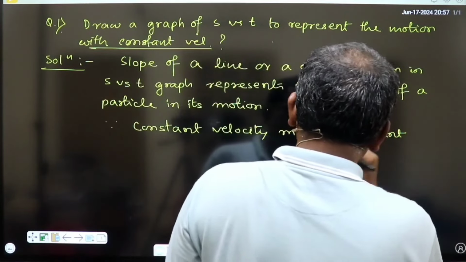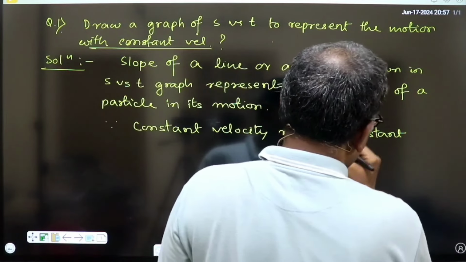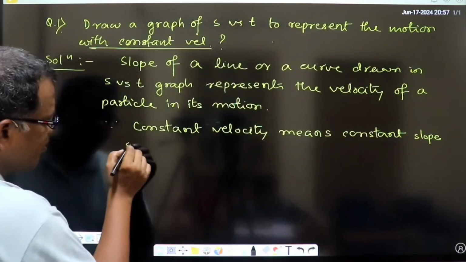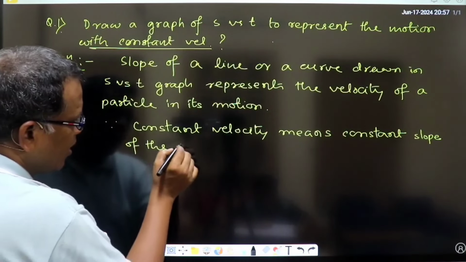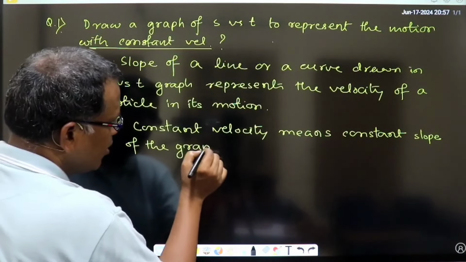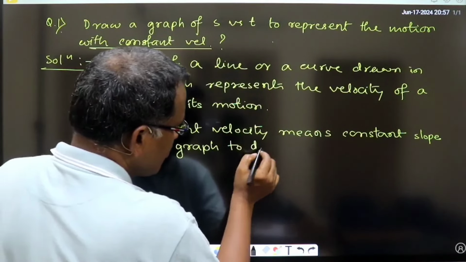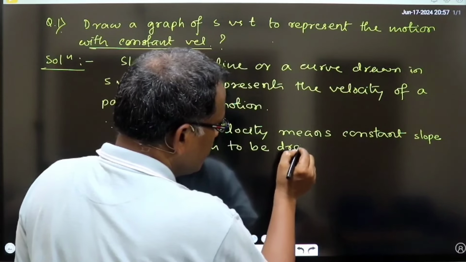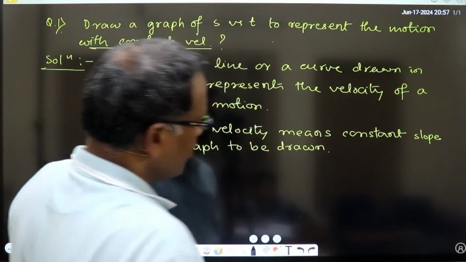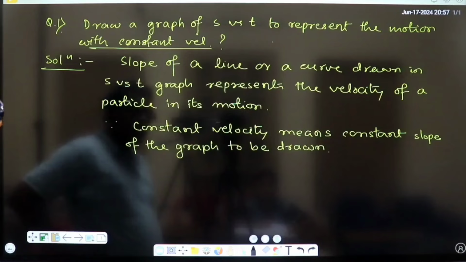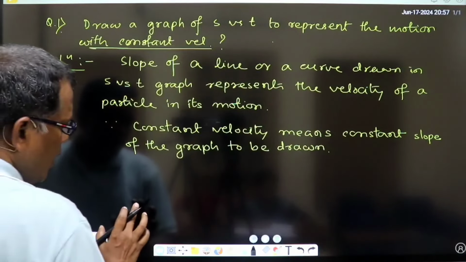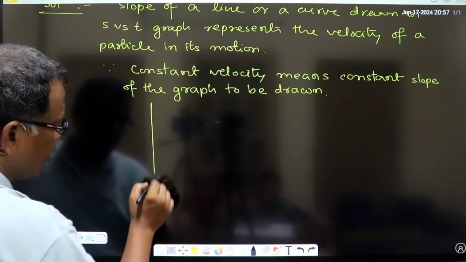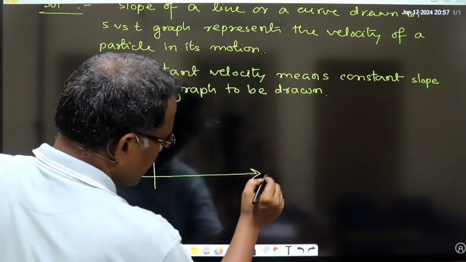So to represent constant velocity in a graph, a graph having constant slope is to be drawn, isn't it? Having any positive value of velocity, that is to be shown in an S versus T graph.